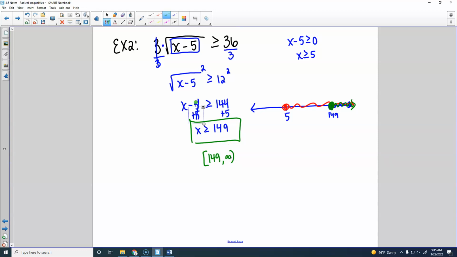You would not include the 5 at all, because your answer is where these two overlap, and they do not overlap anywhere between 5 and 149, so it's just the numbers bigger than 149. So sometimes that domain needs to be included, but not always. It just depends on whether or not it affects what your answer is. Okay.